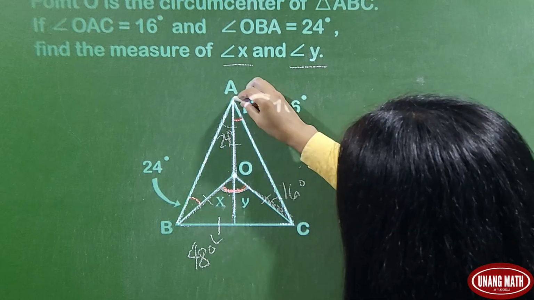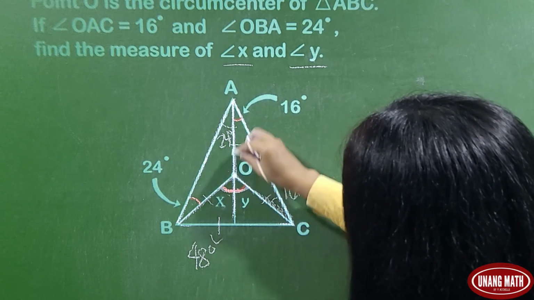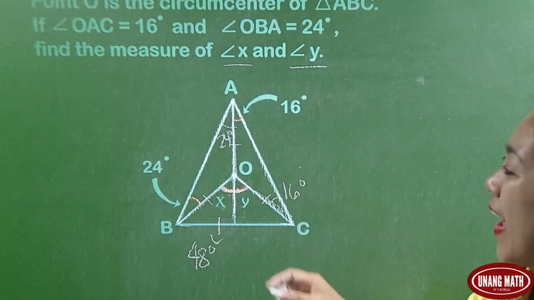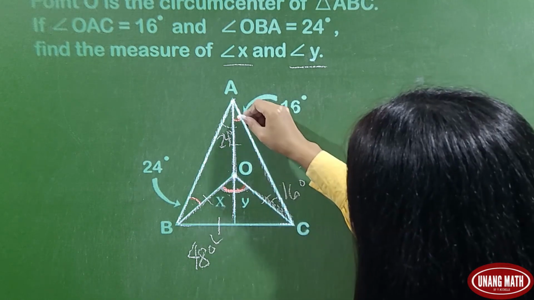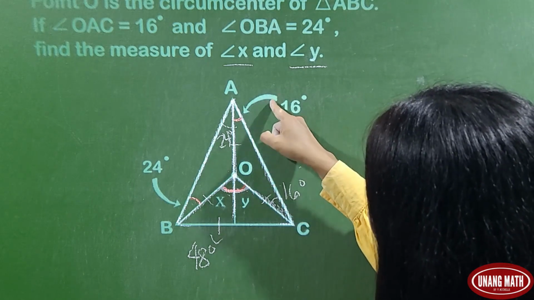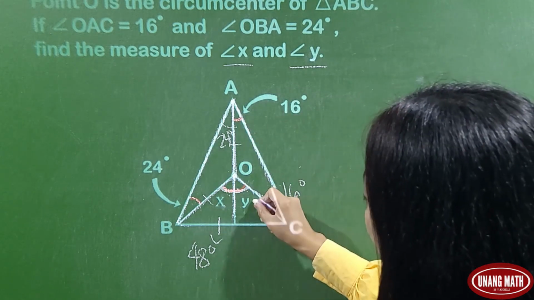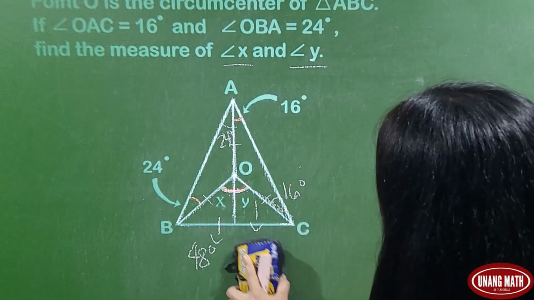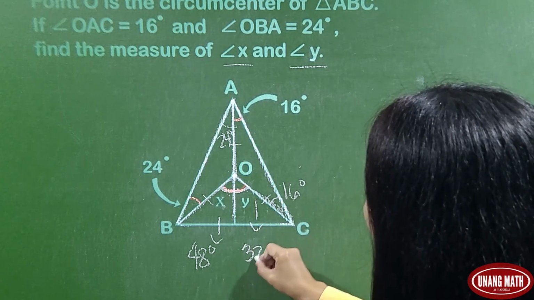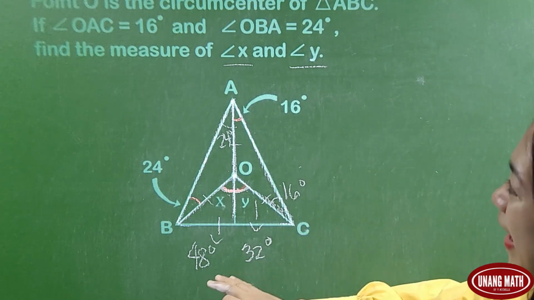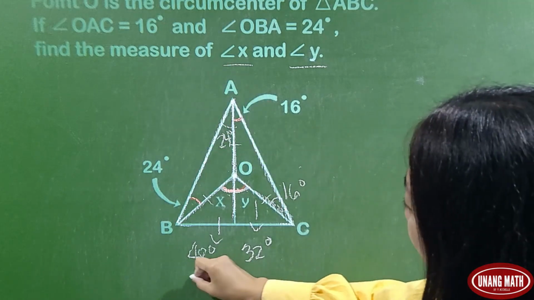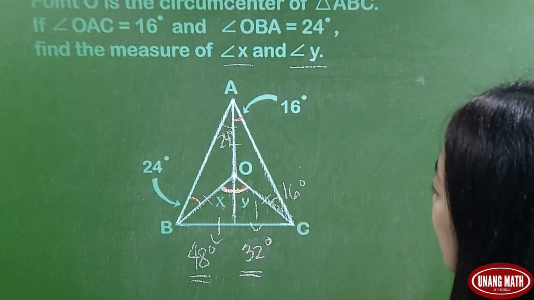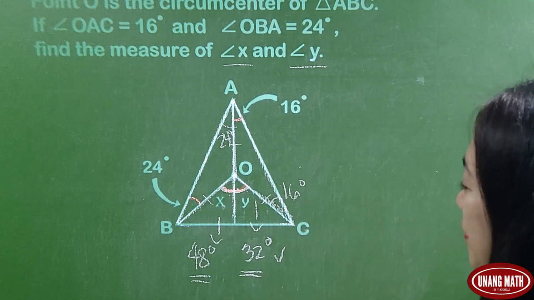This angle Y is the exterior angle for this triangle COA. And if it's an exterior angle, it's the sum of the two non-adjacent angles. So 16 plus 16 is equal to 32 degrees. Measure of angle X is 48 degrees, measure of angle Y is 32 degrees.